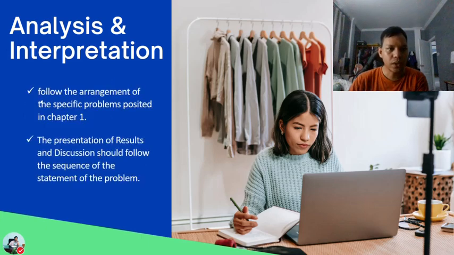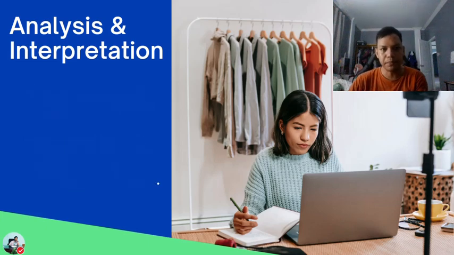And we also talked about the proper arrangement of the specific problems, or the statement of the problem found in chapter 1. The presentation of results and discussion should follow the sequence of the SOP, or statement of the problem.